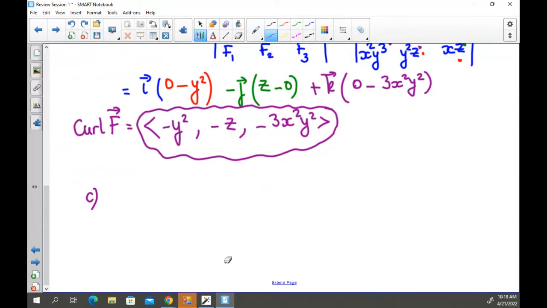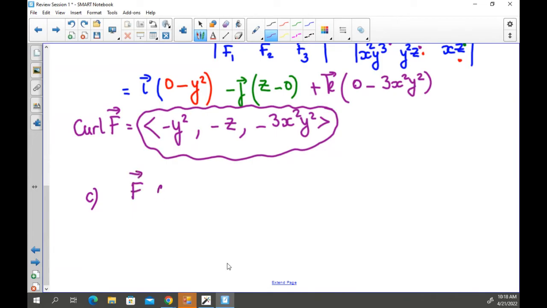How do we know if a vector field is conservative or not, not by integrating, no. How do we know if a vector field is conservative or not? Any idea? It's quite a simple answer, actually.